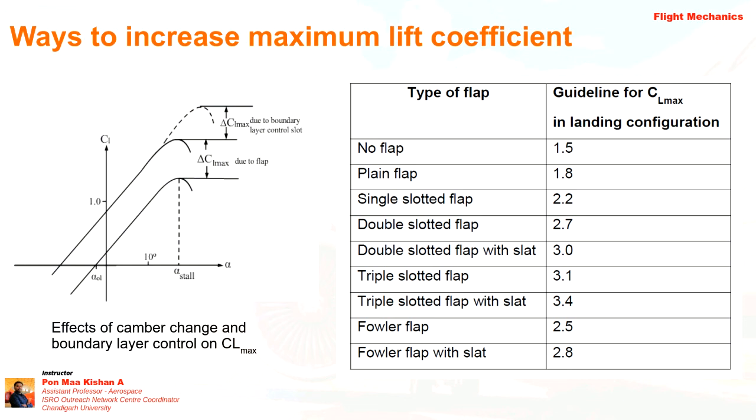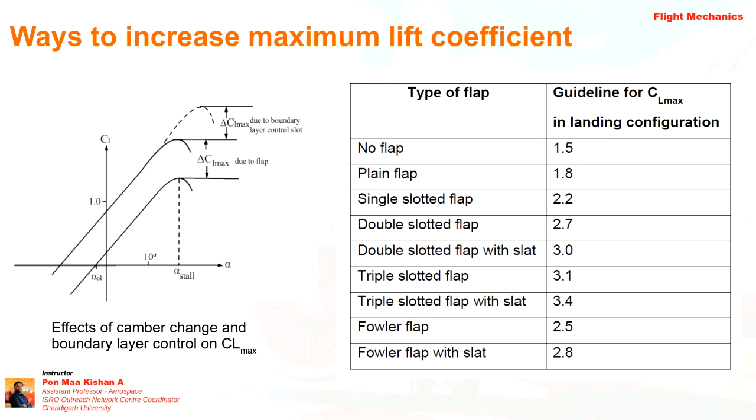Here you can see some configurations, especially during landing. For the no flap configuration, we have 1.5 as the maximum CL. If you have referred to the basic graphical representation between alpha and CL, everywhere we see 1.5 as the maximum CL.